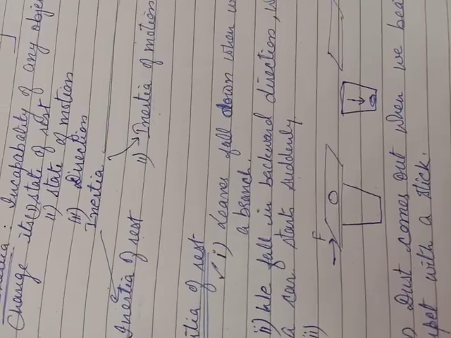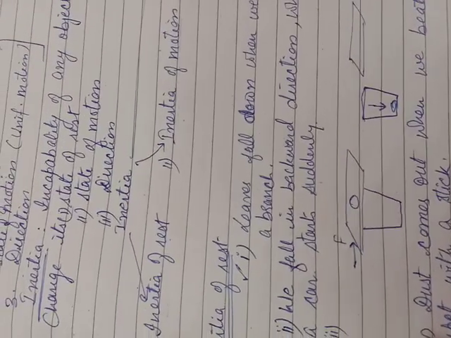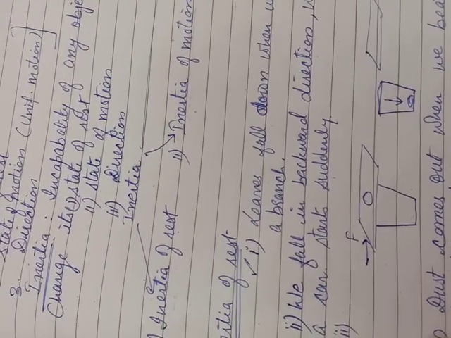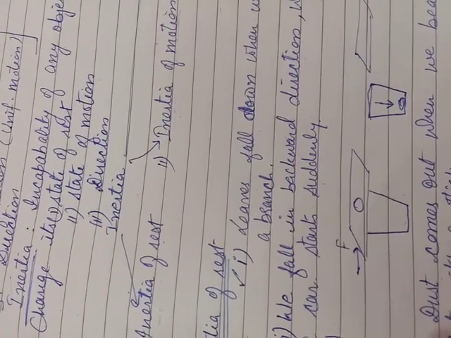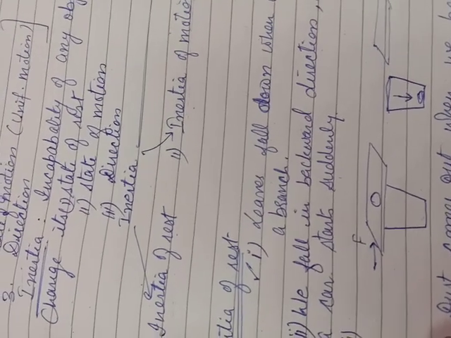The second example is we fall in the backward direction when a car starts suddenly. This you might have observed. Suppose you are sitting in a car or bus or any automobile, and it starts suddenly, we generally fall in the backward direction.